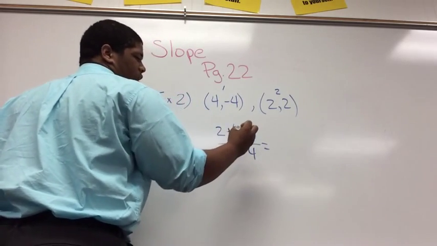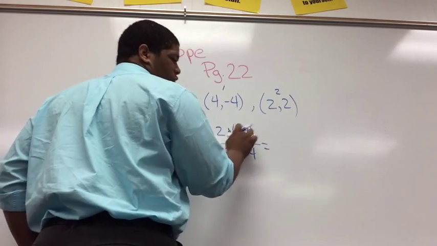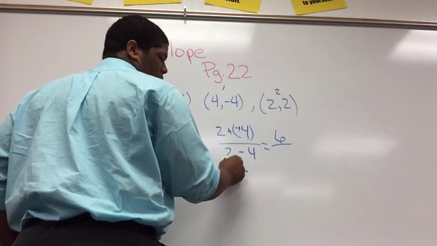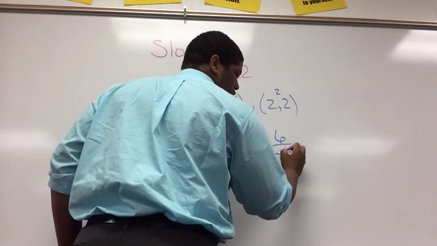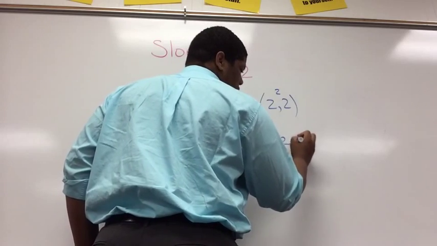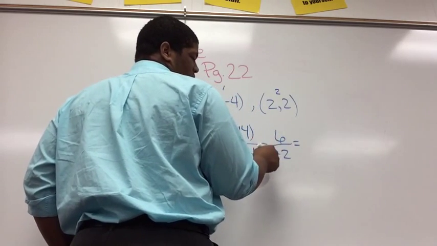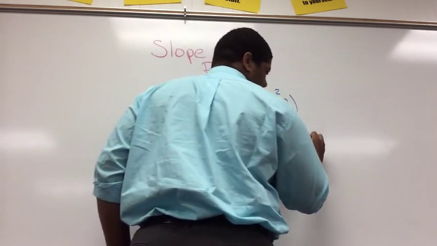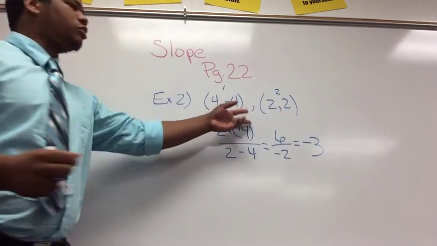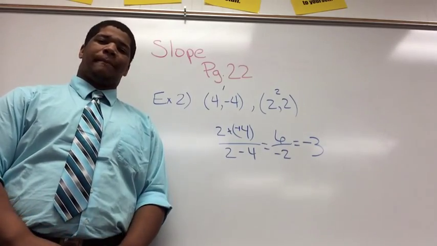Negative minus a negative becomes positive, so I have 2 plus 4 equals 6, and 2 minus 4 equals -2. So I'm going to reduce this from here. 6 divided by -2 is going to give me -3. So my slope for these 2 points is -3.